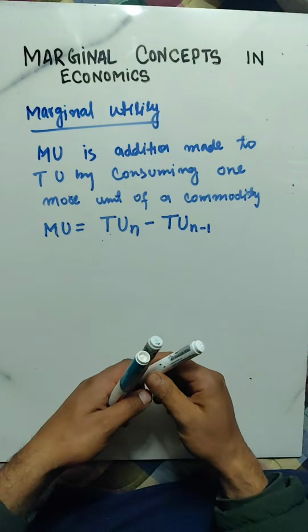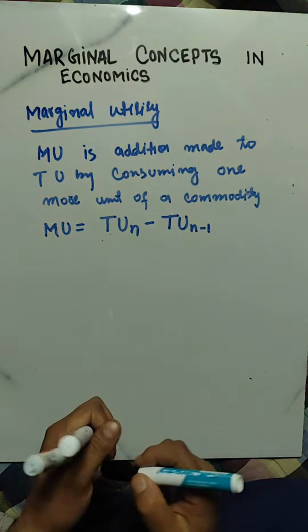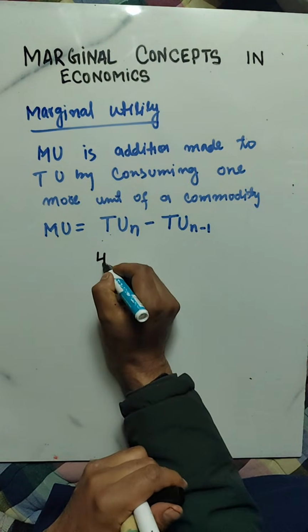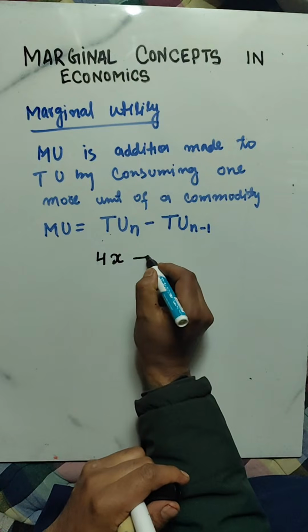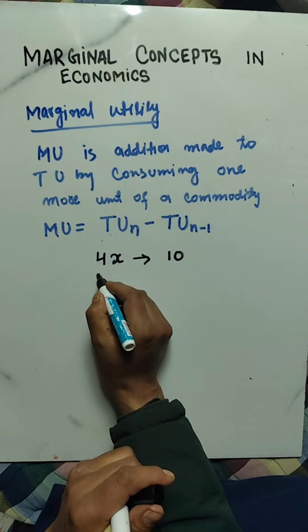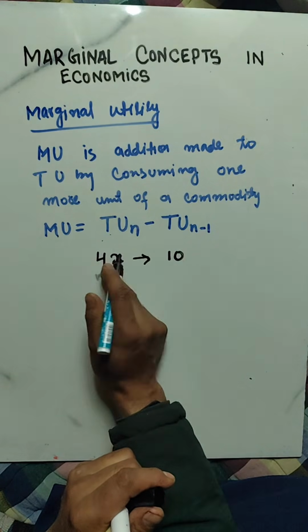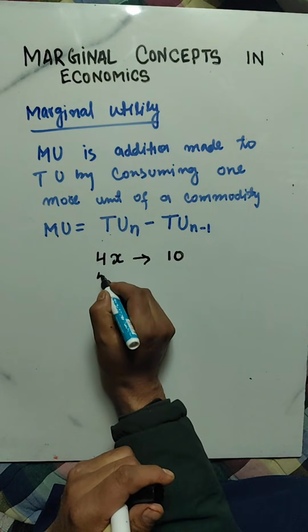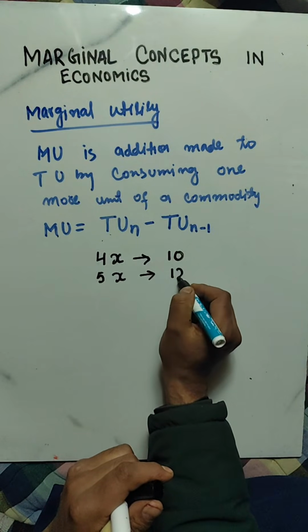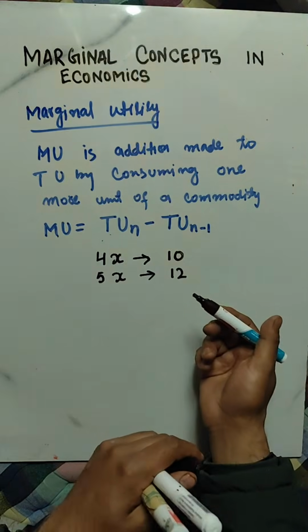Okay, so let us say 4 units of good X give us a total utility of 10, and 5 units of good X give us 12 units of utility.